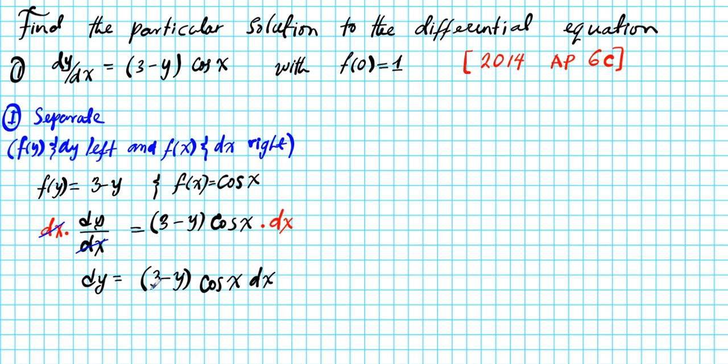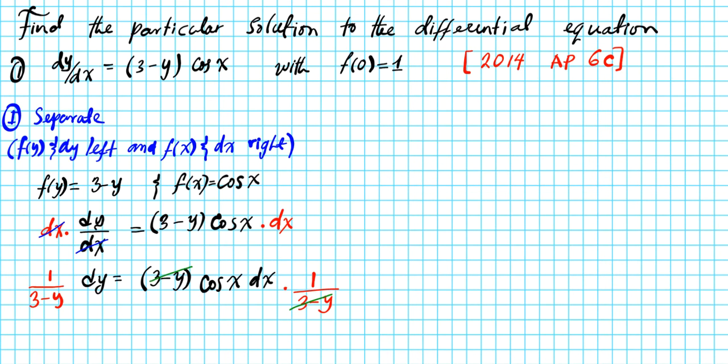Now we need this function of y on the left side. To achieve that, we will simply divide both sides of the equation by 3 minus y, or alternatively, multiply by 1 over 3 minus y. Division or multiplying by its reciprocal is the same thing. On the right side, these divide out, 3 minus y and 3 minus y.